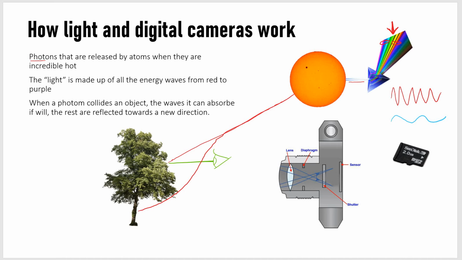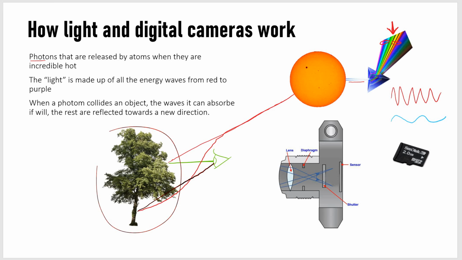The body of the tree will absorb all of the waves except a brown one. So then we'll have a brown color such as this one, and it will travel into the eye. And what your eye will see is the tree itself. Why? Because all of these waves that make up the light are not being absorbed, they're being reflected, and you're able to see those photons.